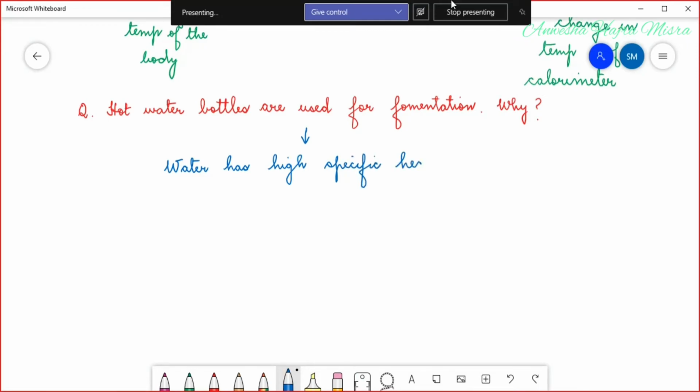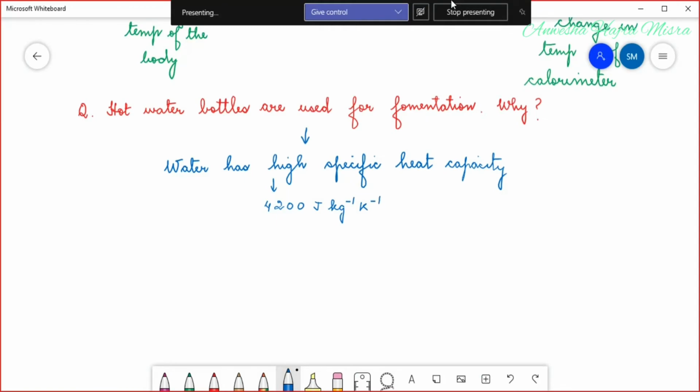Specific heat capacity, what was it? It was the heat required to change unit mass by 1 degree Celsius. Now specific heat capacity of water is 4200 joule per kg per Kelvin.